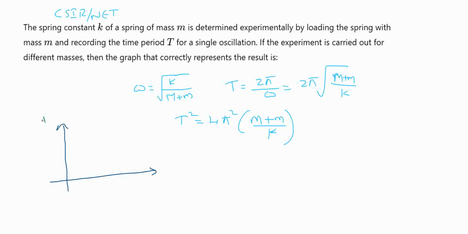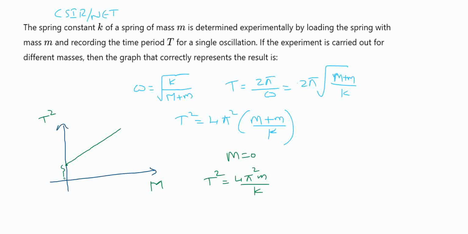The options are given with T square versus the loading mass capital M. Initially when M equal to 0, T square is equal to 4 pi square m by k. So this is some positive value which comes here. And as M is increasing, T square will increase like this. So this is the option given in the exam.